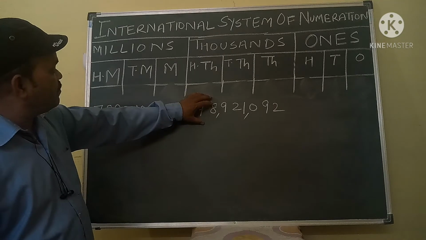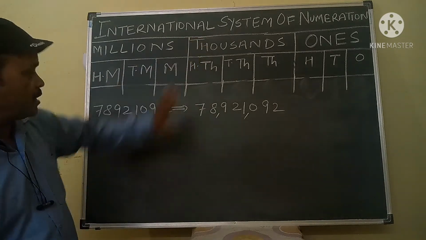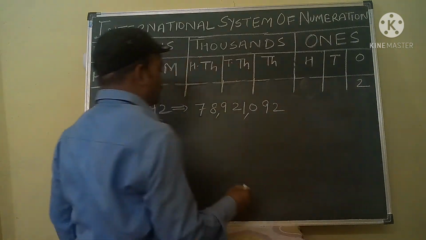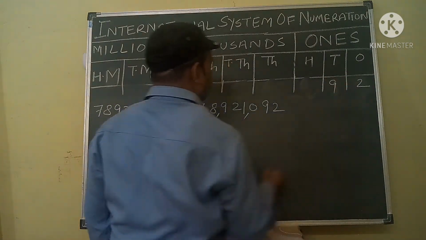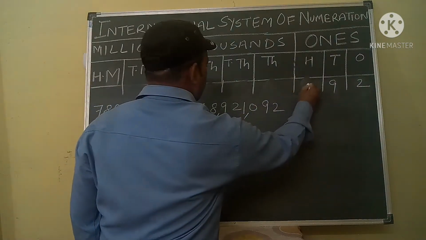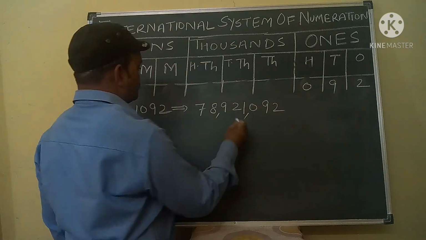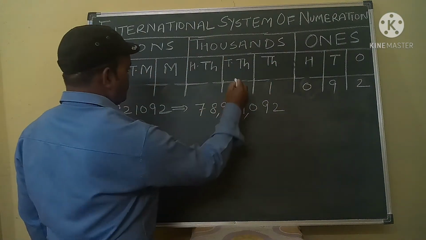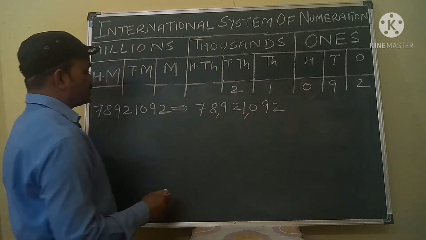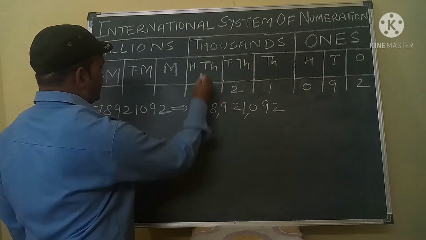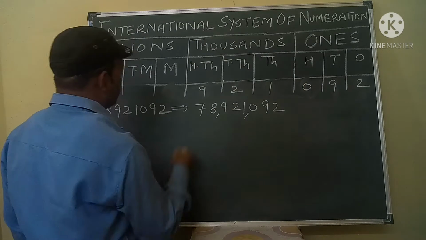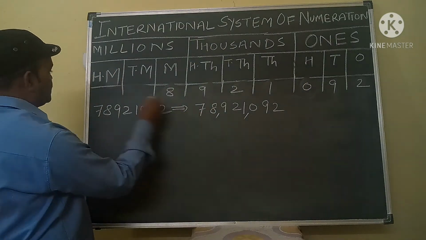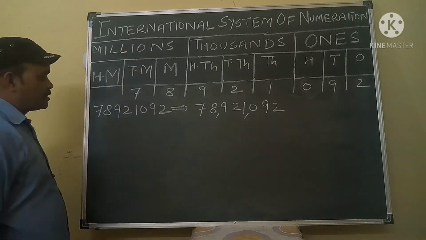Now this number we will arrange in the given table. Now look here, 2 is in ones place, 9 is in tens place, 0 is in hundred place, 1 is in thousand place, 2 is in 10,000 place, 9 is in 100,000 place, 8 is in millions place, and 7 is in 10 million place.